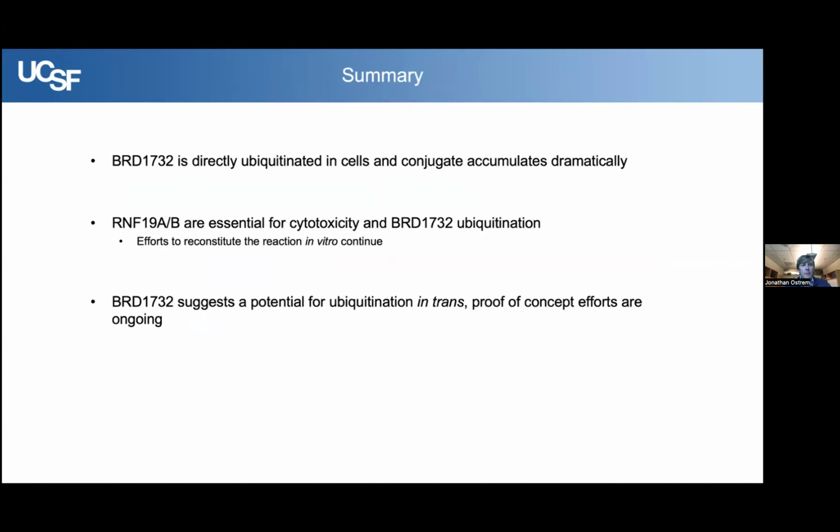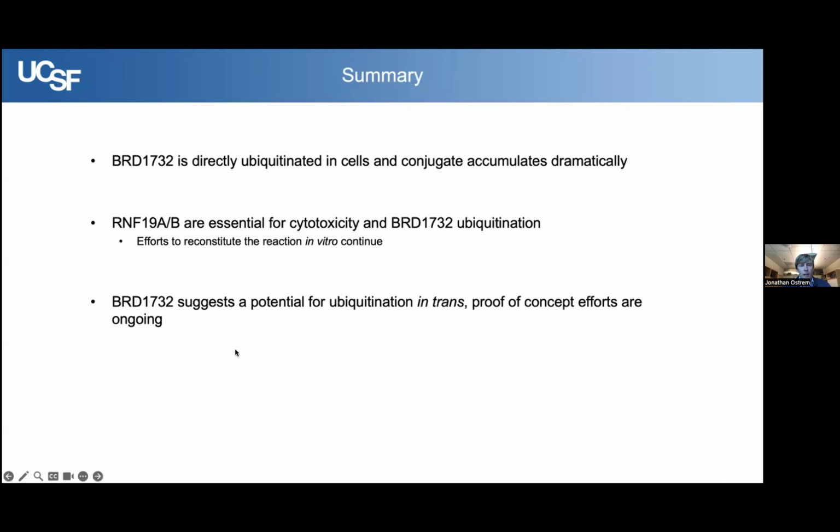Just to summarize, we demonstrated that this molecule, BRD-1732, gets directly ubiquitinated in cells, and can accumulate to a dramatic degree. We do know that it's getting ubiquitinated at much lower concentrations at which the proteasome is not inhibited. And so I think that still lends itself toward the possibility of this small molecule mediated degradation of proteins.